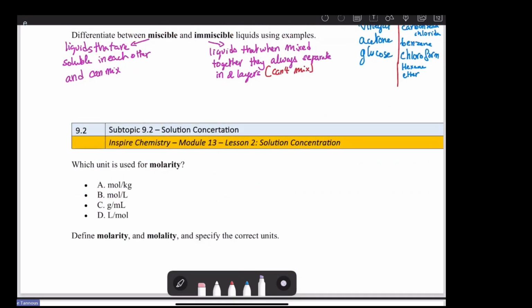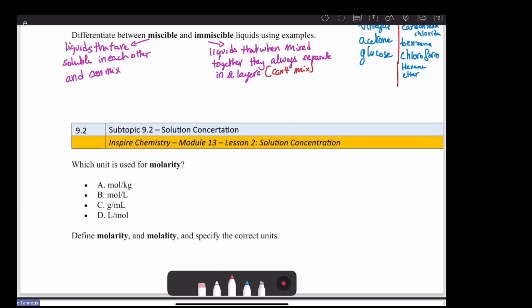Now, moving on, the next lesson is about calculating the concentration. Concentration is a measurement.